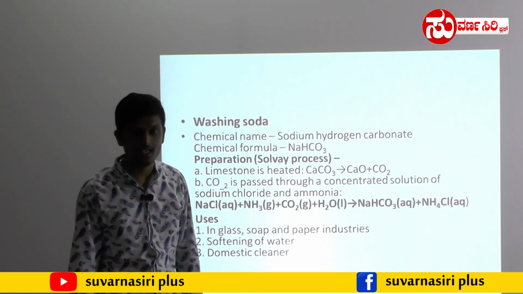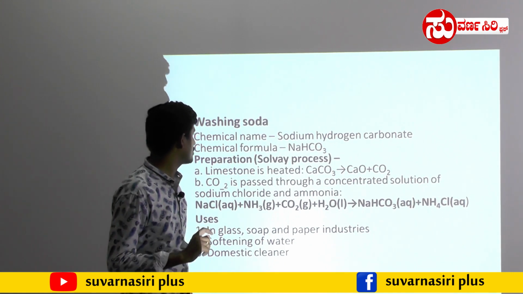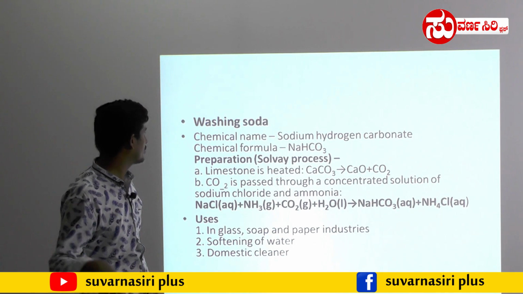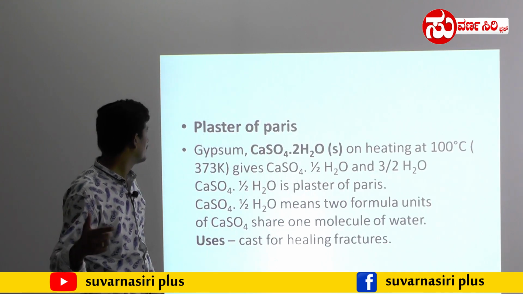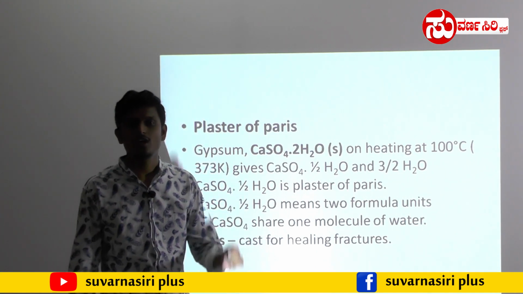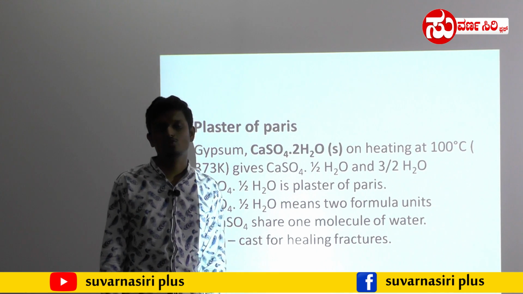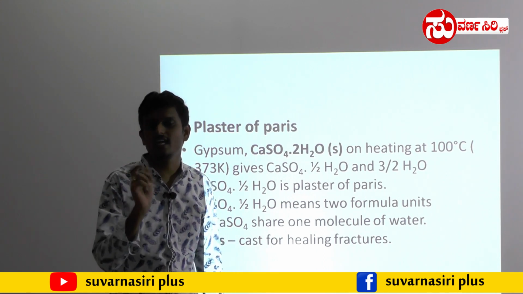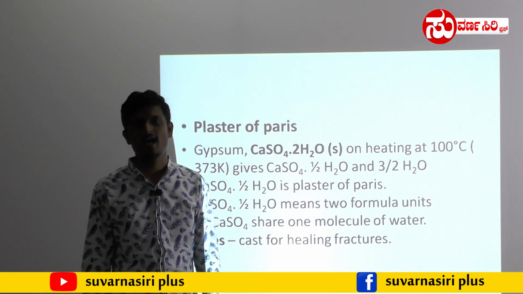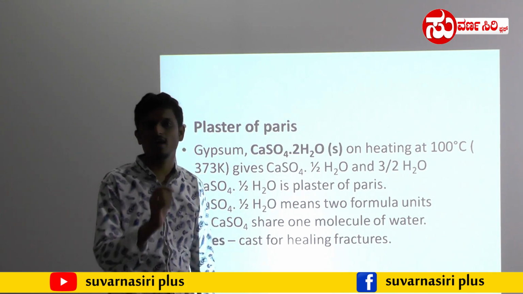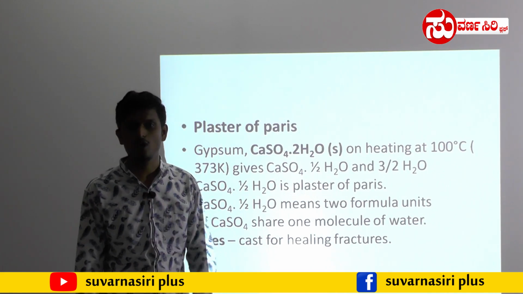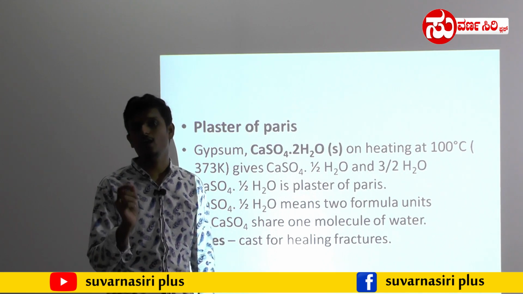Washing soda chemical formula is Na2CO3. We'll move on to the next one. For sodium carbonate, by the recrystallization process, by adding 10 molecules of water, it forms Na2CO3 dot 10H2O.